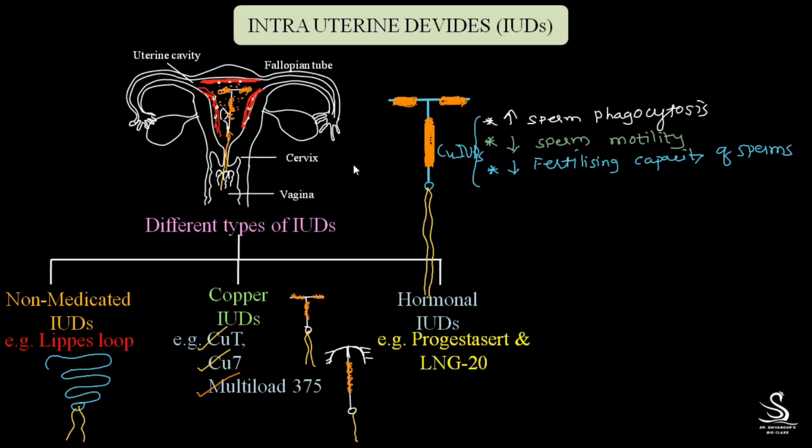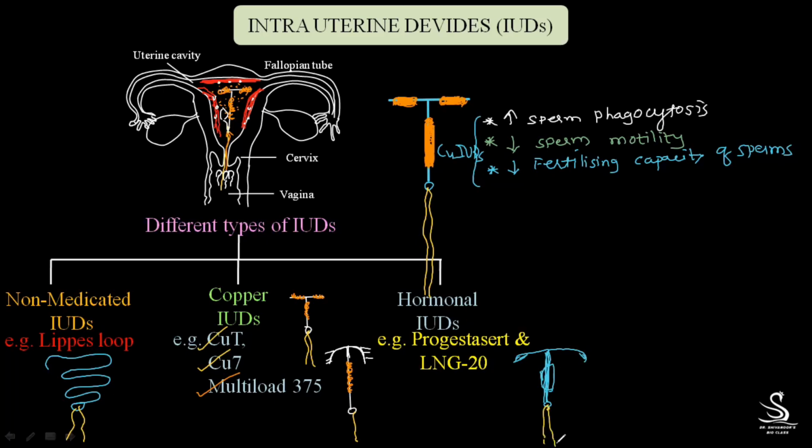Examples for the hormone releasing IUDs are Progestasert and LNG-20. If you observe the Progestasert, it is commonly a T-like structure only. So they are designed in this way, and here are hormone-filled drums in this region, and they even put a thread over here.